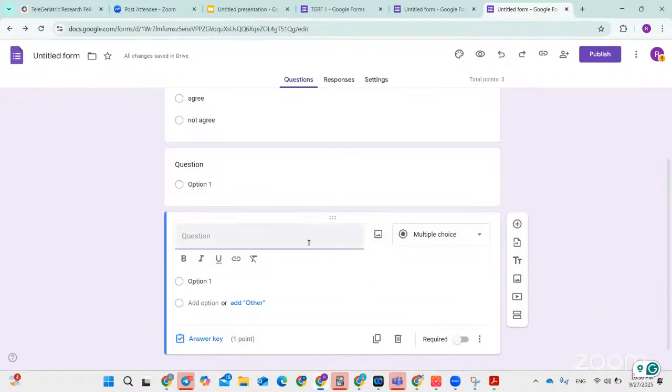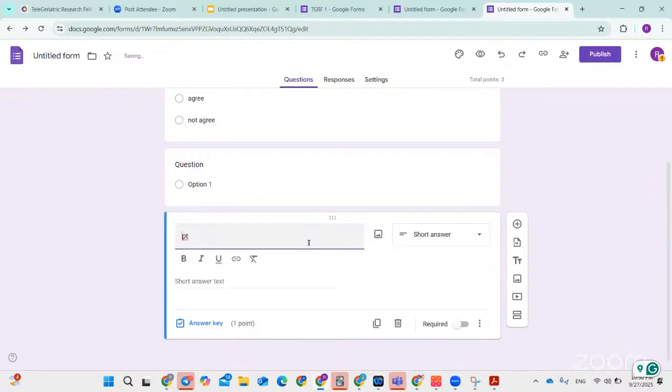So, for example, we have a patient of 75 years here, complaining of headache, for example.